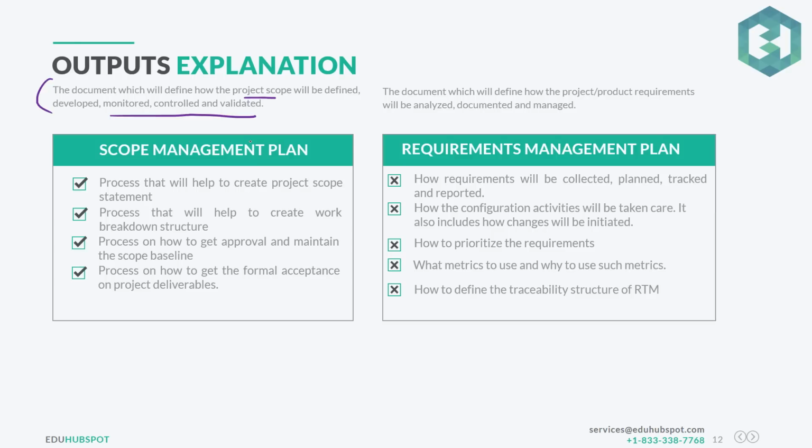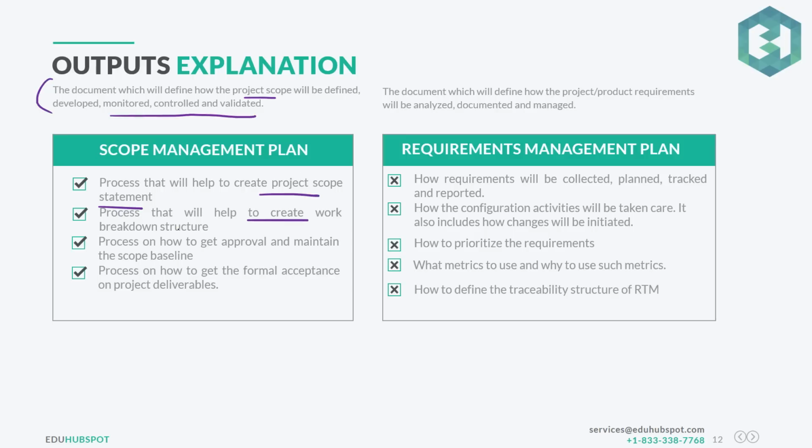So let's see, in the scope management plan, we have a process that will help to create the project scope statement. So something which will make sure that you define the scope, something which will help you to describe that scope and those requirements in much more detail. All those things would be part of your scope statement.